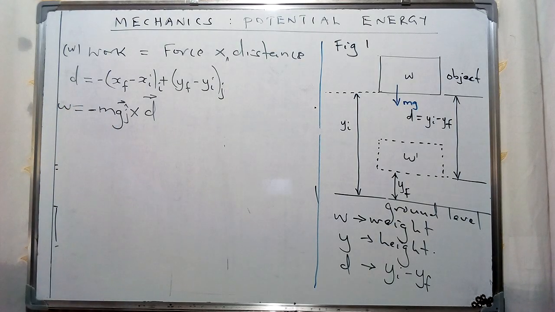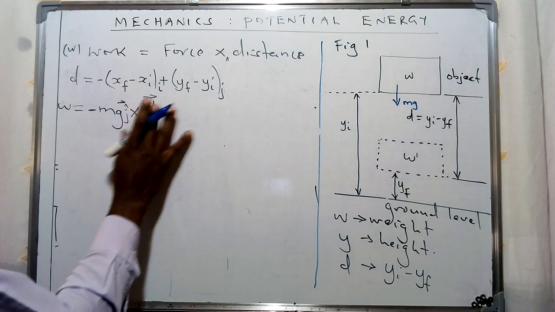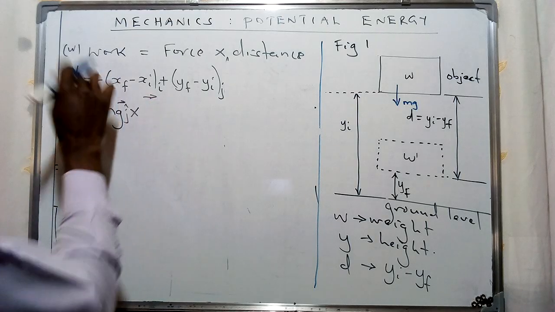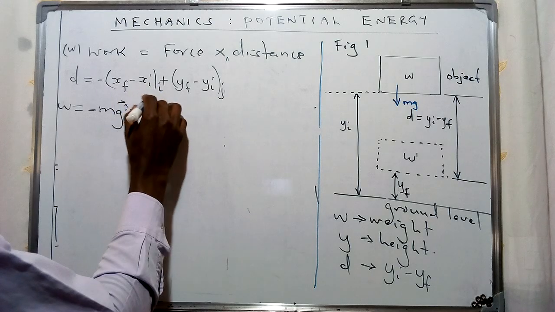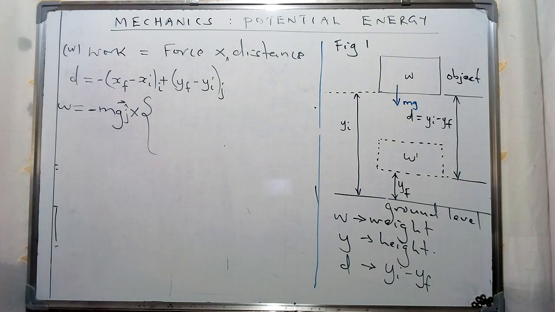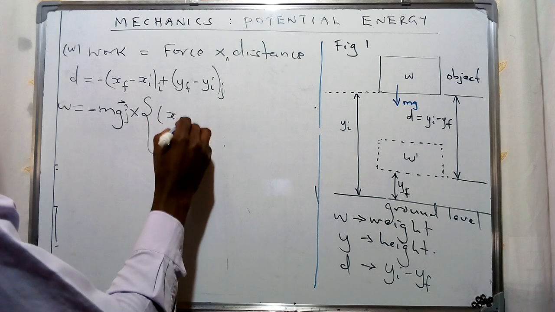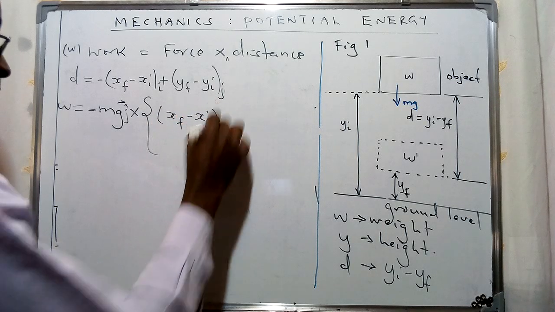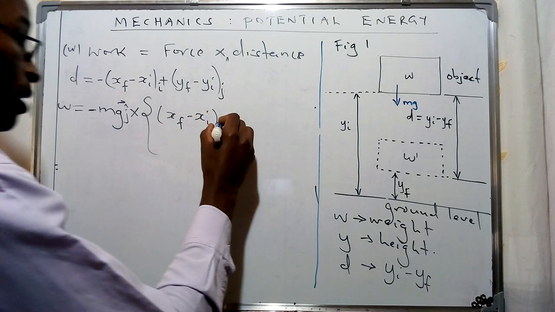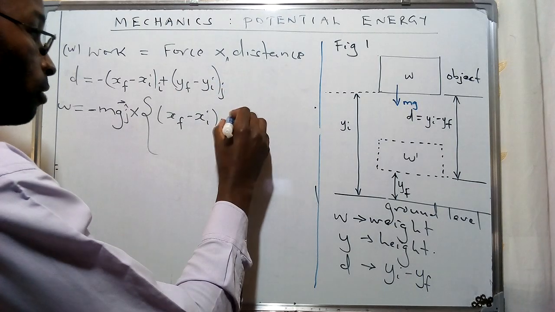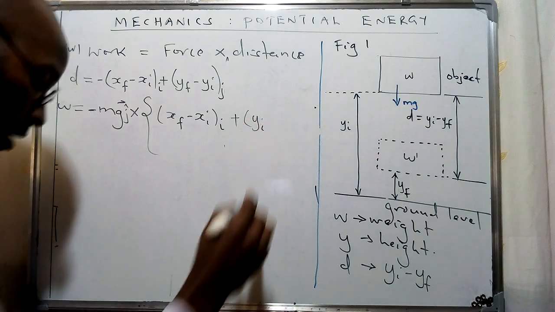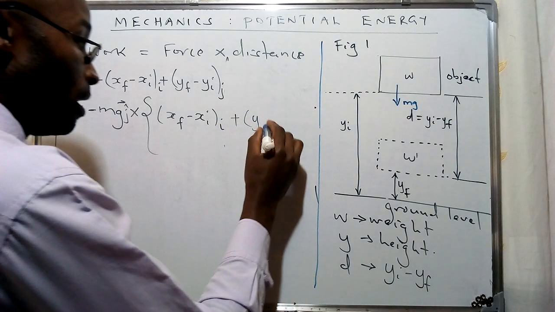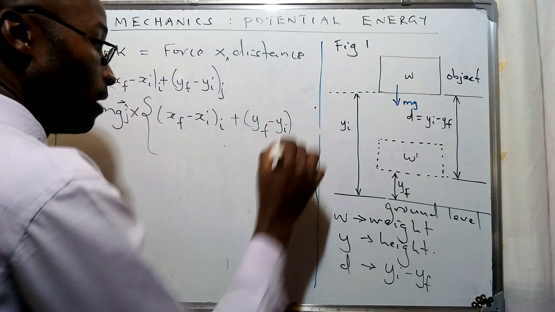So we're going to consider this specific aspect of d by doing a substitution of what we have given in our equation above. So I'm going to do a substitution for the displacement of x initial minus x final, and this is going to be in the i direction as I've illustrated, plus the displacement in the y direction, which is going to be y final minus y initial, given as such.